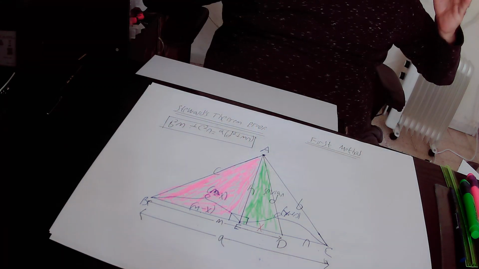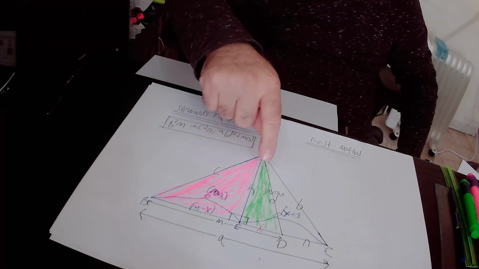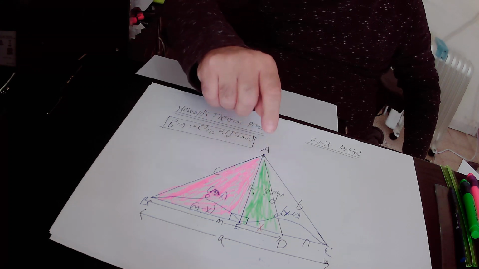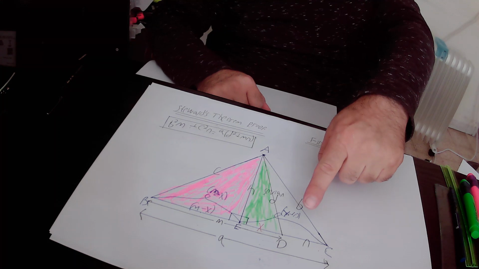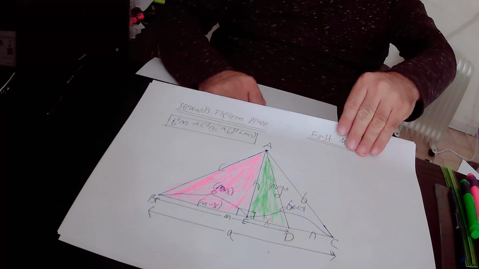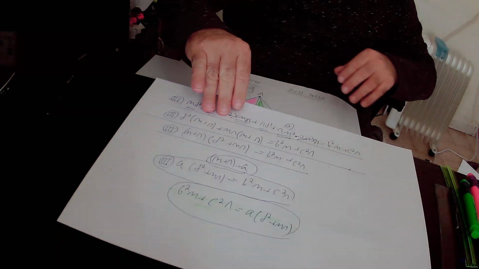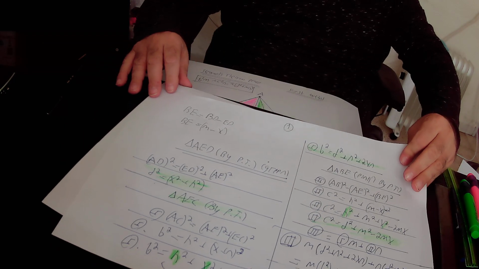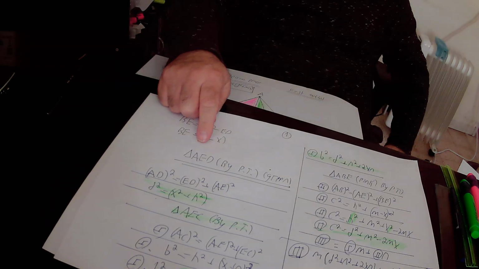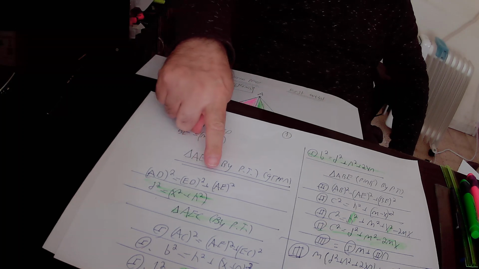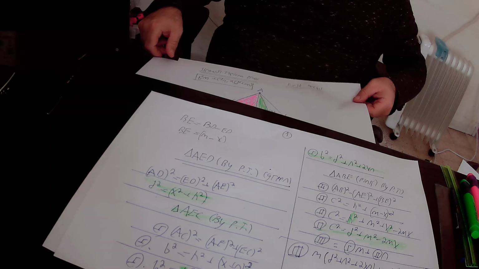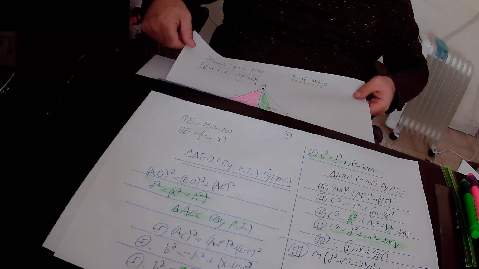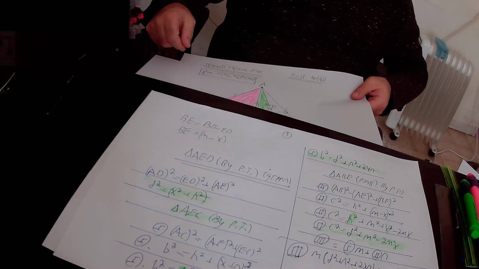Okay, in the next step we implemented the Pythagoras theorem on the right triangle, triangle AED. According to the Pythagoras theorem, in the right triangle AED, AD square equals AE square plus ED square.